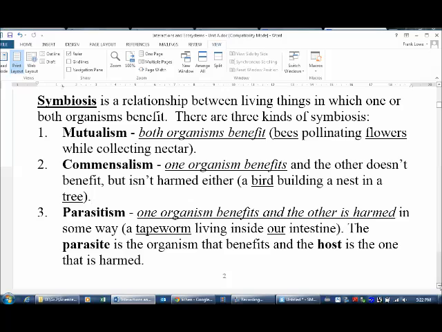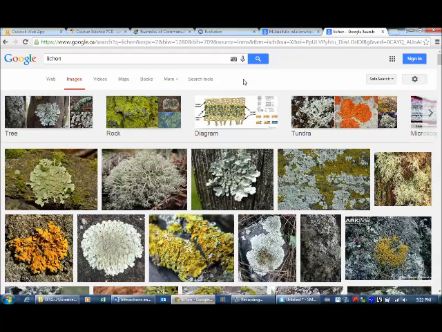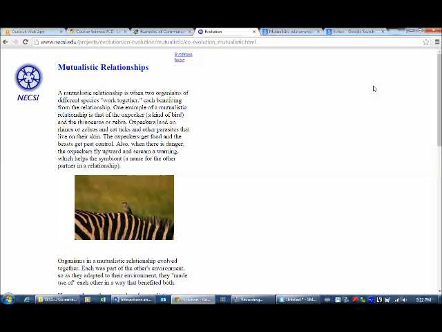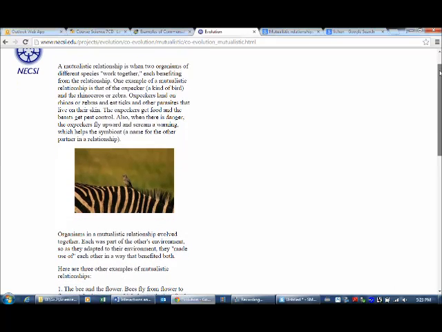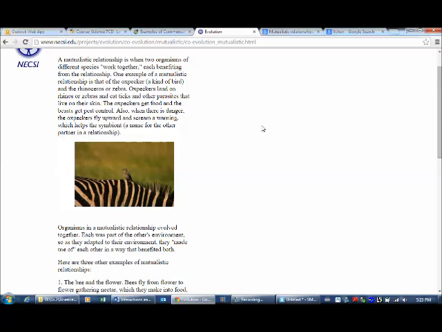Now, in mutualism, both organisms benefit. Okay? It's a win-win situation. Let's look at a couple of examples here. Here's an example of a mutualistic relationship. This is a zebra, obviously, and this little bird here is called an oxpecker.